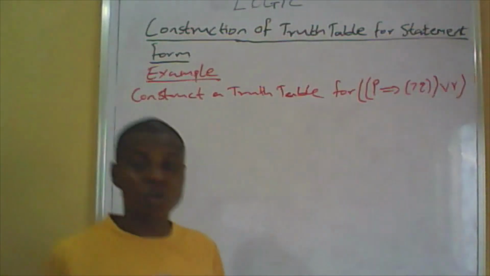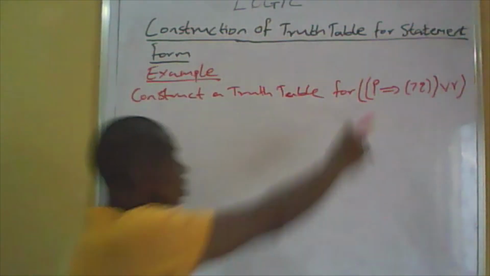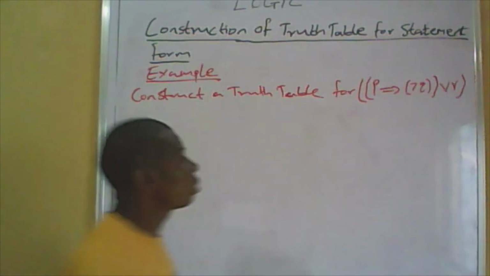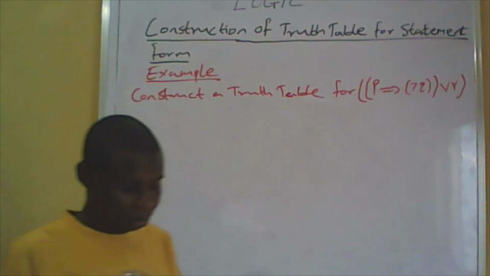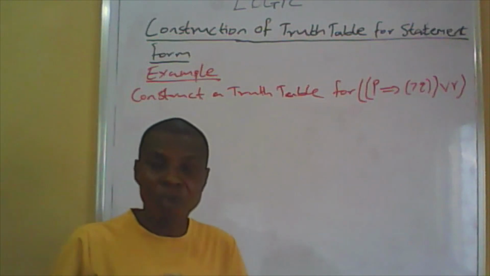We want to construct a table for this statement form, P implies not Q or R. That is the statement form.